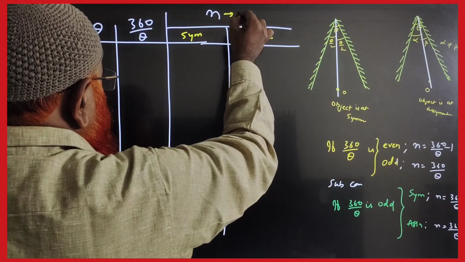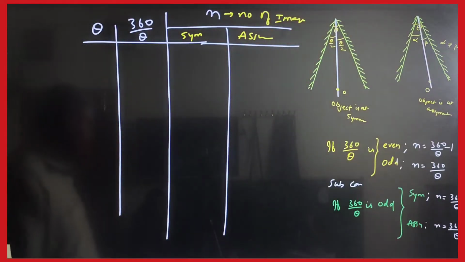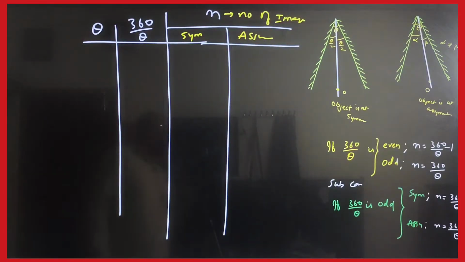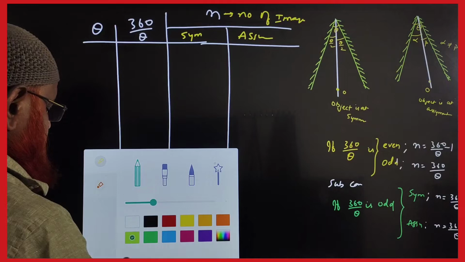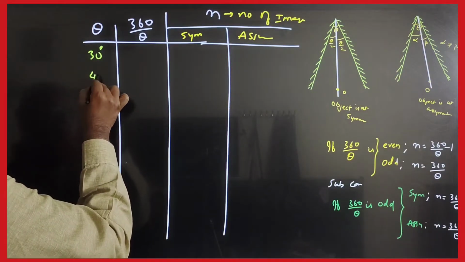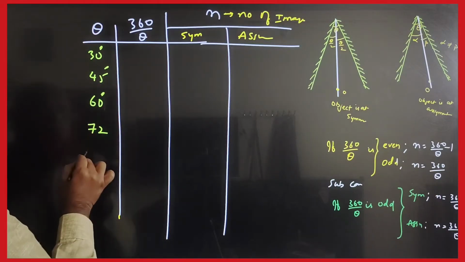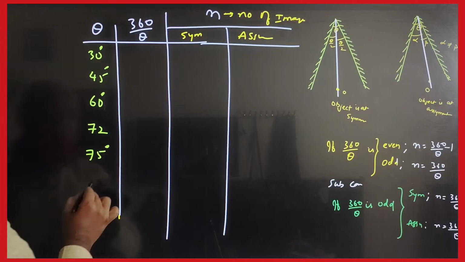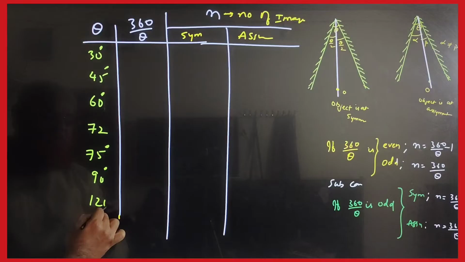Here n is said to be the number of images. Now let us see what is going to happen. The first thing is let us consider theta as 30 degrees, 45 degrees, 60 degrees, 72 degrees, 75 degrees, 90 degrees, 120 degrees, 180 degrees.